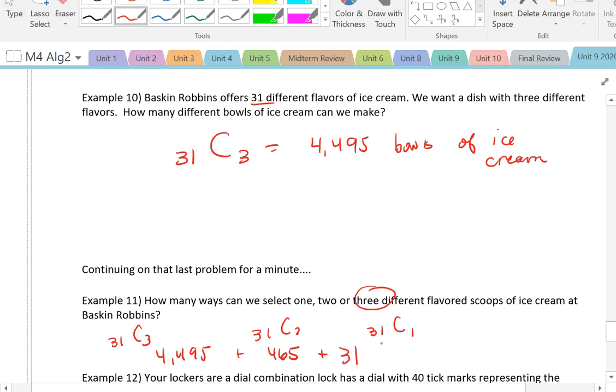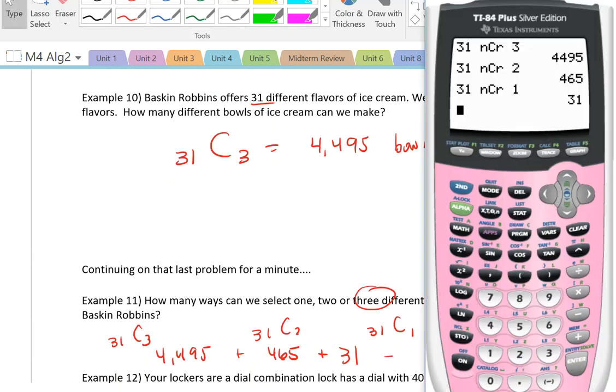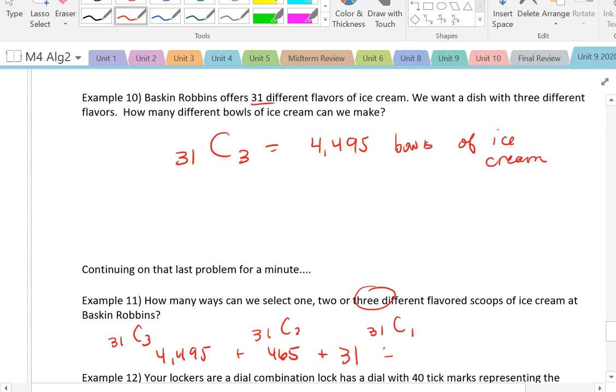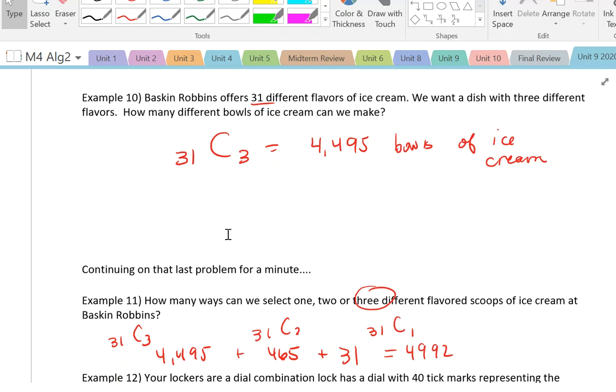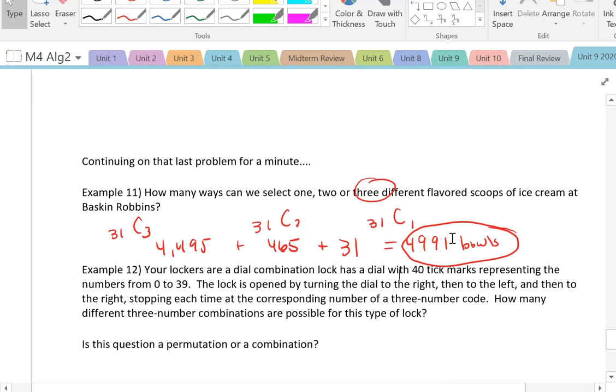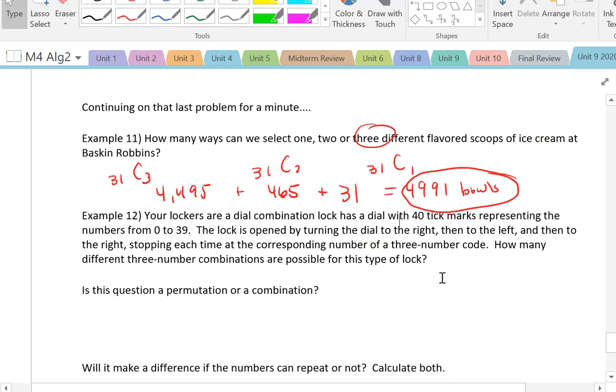I'm going to now take these values and add them up because it's 1 or 2 or 3, and those ors look like addition signs. Oops, should be a 1 at the end. I typed in 32 instead of 31. There we go.